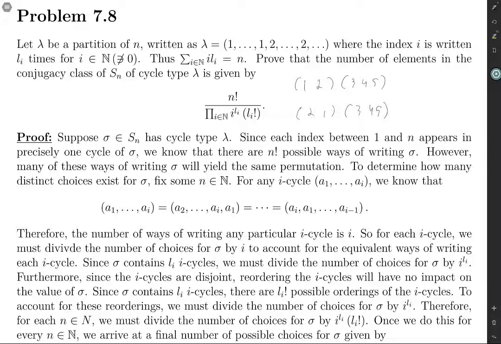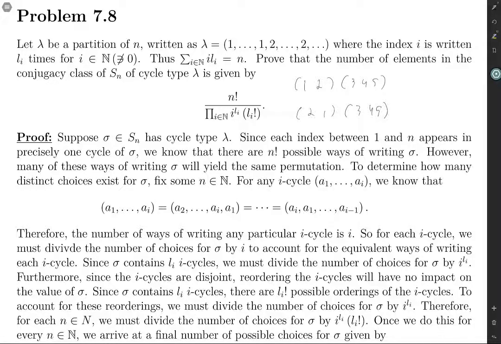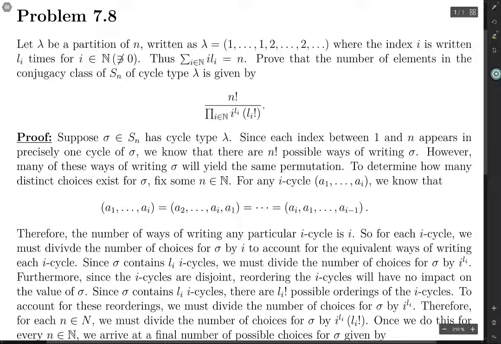So of course we start with n factorial, and then we have to divide by some number that accounts for the adjustments you can make to the way that you write sigma, but still maintain the value that it takes as an element of Sn.